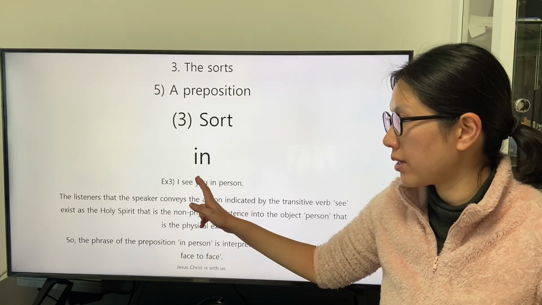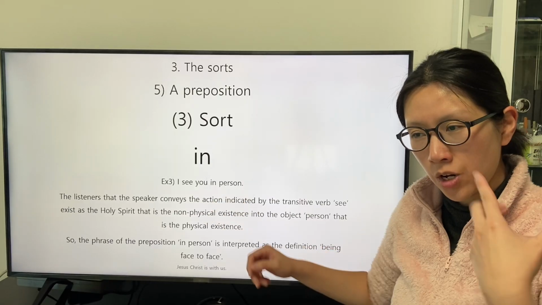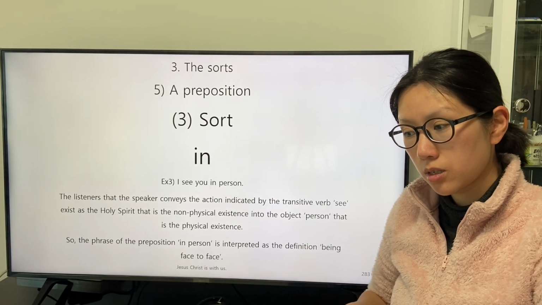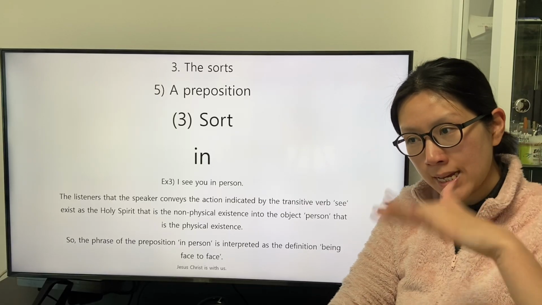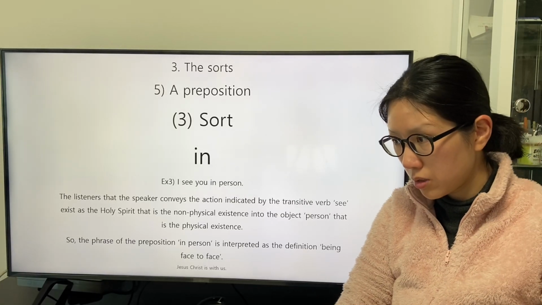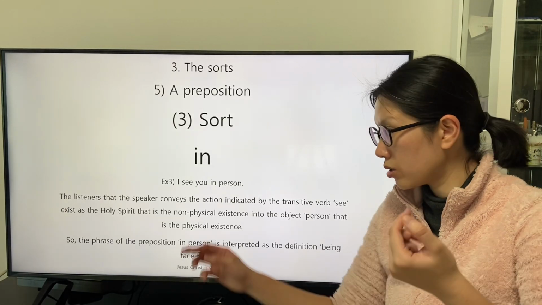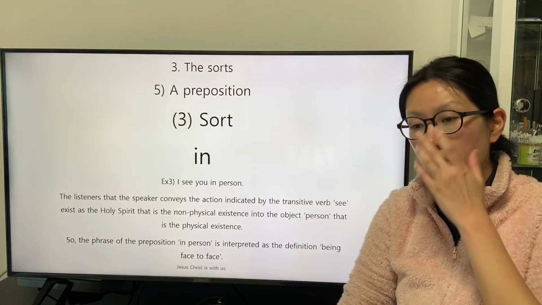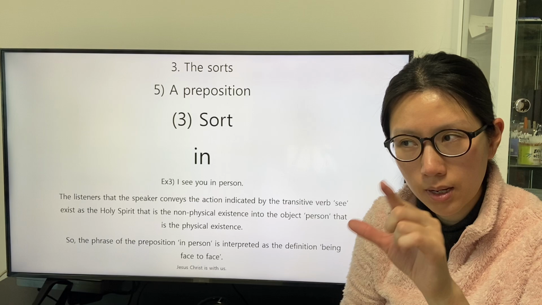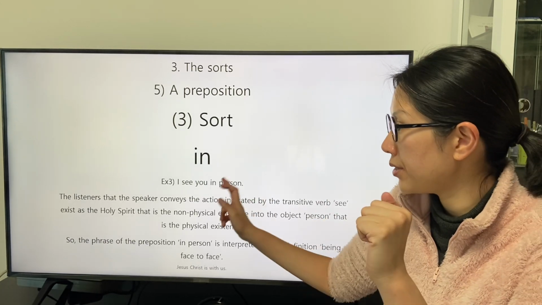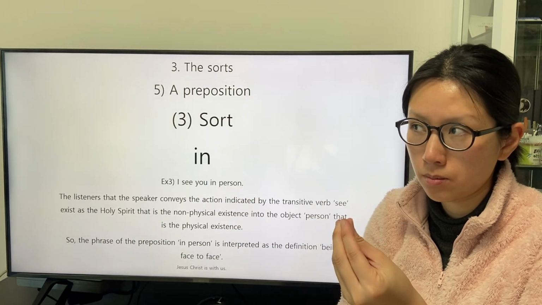Then we can understand that the listeners, whose number is said to be plural, is included in the object indicated by the person.